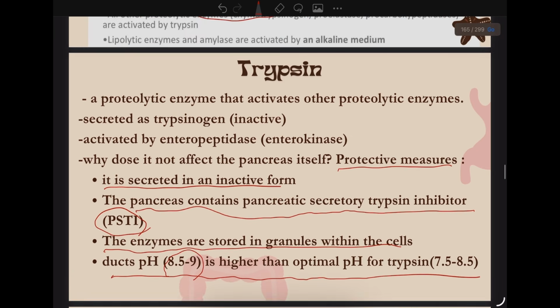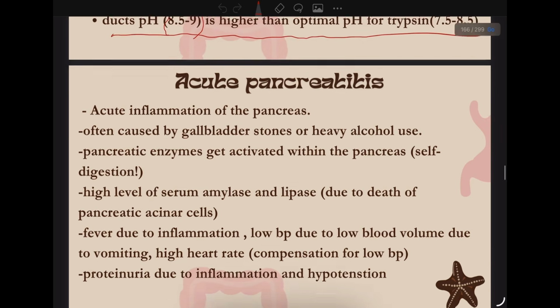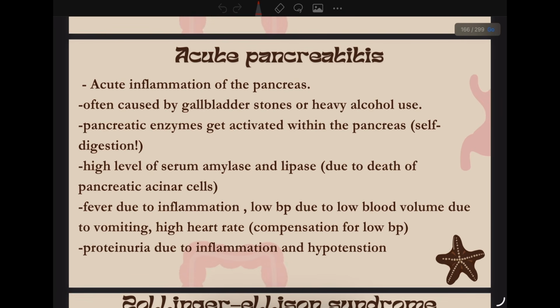So what happens if all of these measures are gone, and now it starts activating inside the pancreas? Acute pancreatitis. It's basically acute inflammation of the pancreas. It can be caused by gallbladder stones or heavy alcohol use, or self-activation of the enzymes inside the pancreas, which causes what? Autodigestion.